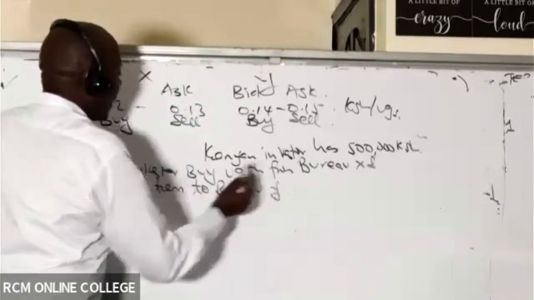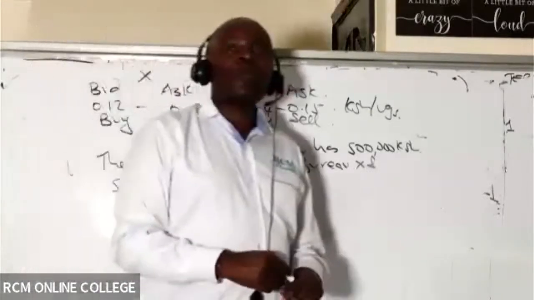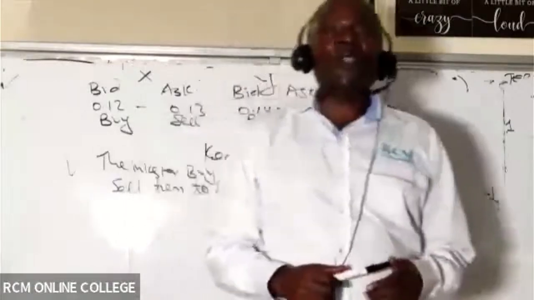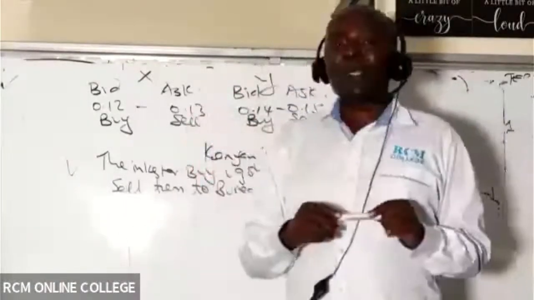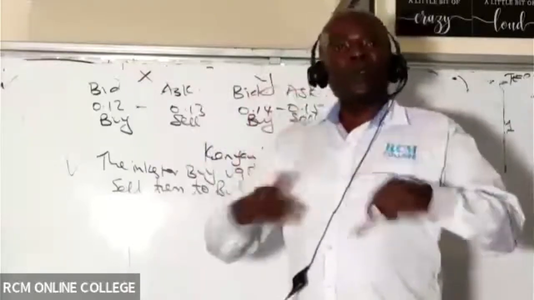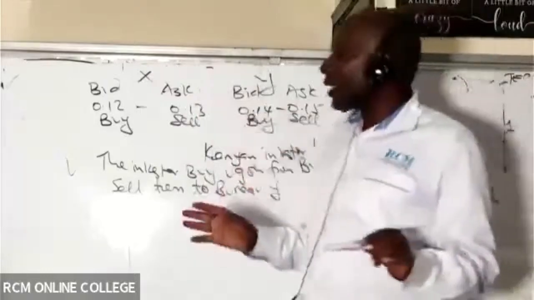It's buying and selling. This is route number 1. Route number 2 will be buying from Y and selling to X. But first of all, we finish with the first route. If the first route gives us a profit, we forget about the second route. So we pray that the first route gives us a profit.